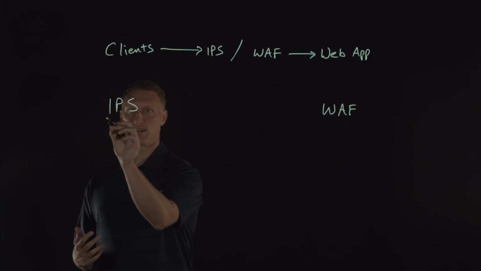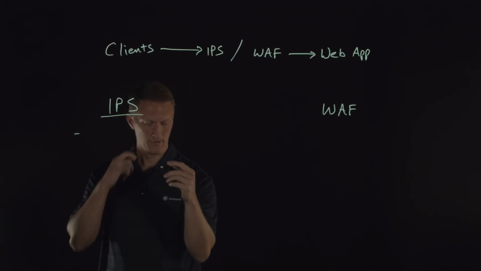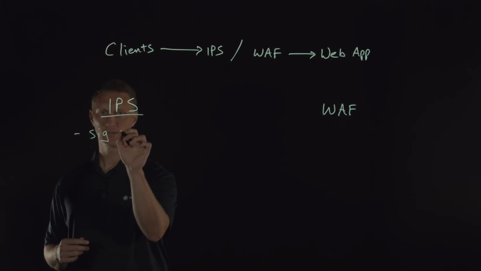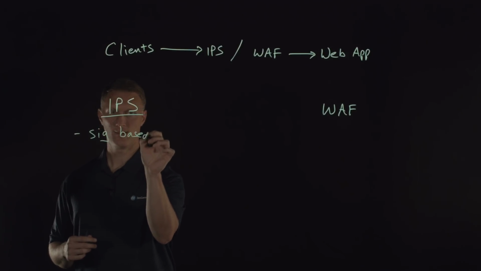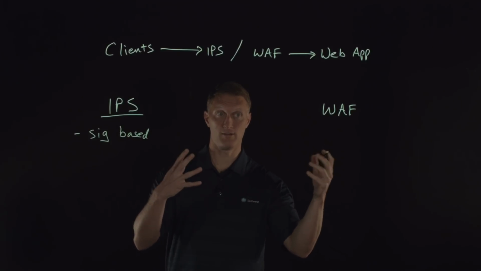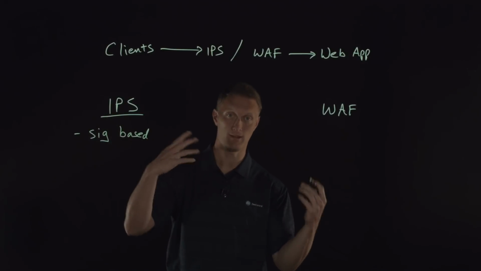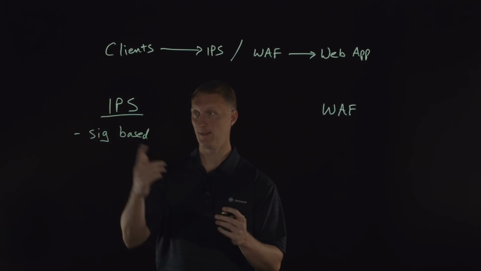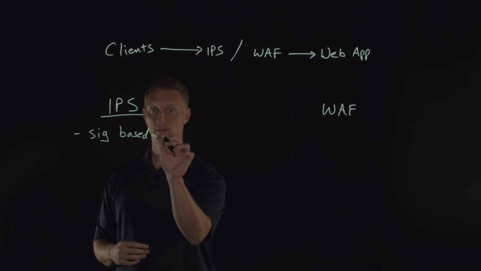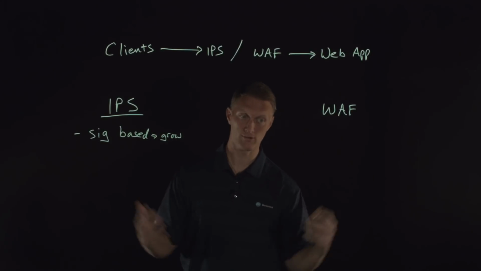One of the features of the IPS is that it's typically signature based, so I'll put SIG based over here. It relies on known threats or known vulnerabilities, and if a request comes in and meets a certain signature, then the IPS is going to block it and say you can't get through. This will grow over time, which means you get more and more signatures.